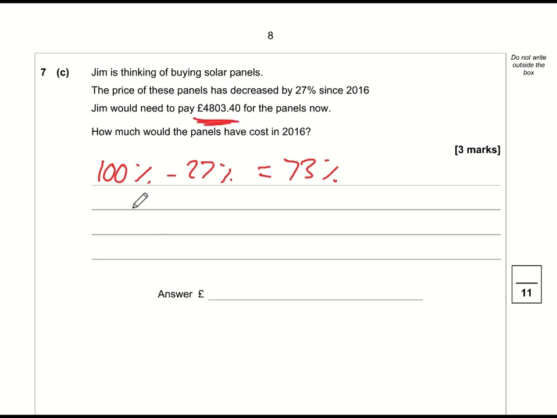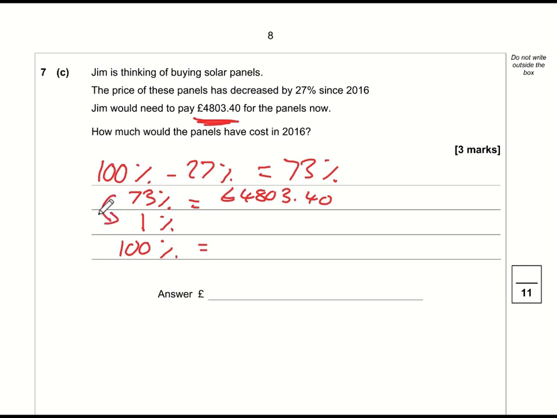Okay, so what we know is that 73% is £4,803.40, and we want to work out what the full price would have been. So this is quite a tricky one. So what we need to do first of all is work out what 1% is.